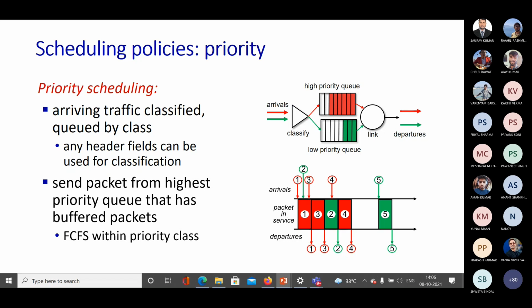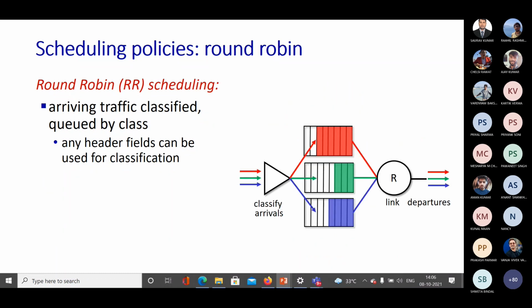Today we are going to do the next scheduling policies. We had studied FCFS and priority scheduling, so today we are going to study the round robin scheduling policy. Round robin is pretty simple, as you all know. At each queue, it is like giving fair share, or fair access, to everybody.